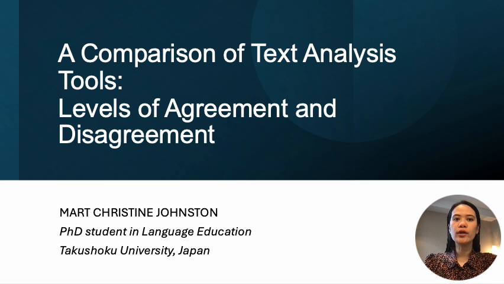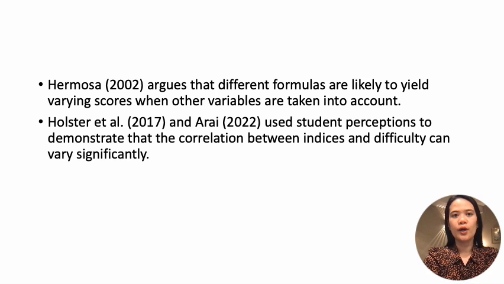Today, I'm going to discuss the results of my study entitled A Comparison of Text Analysis, Levels of Agreement and Disagreement. Although a wide range of metrics for assessing text difficulty exists, it's unclear whether they classify texts consistently.